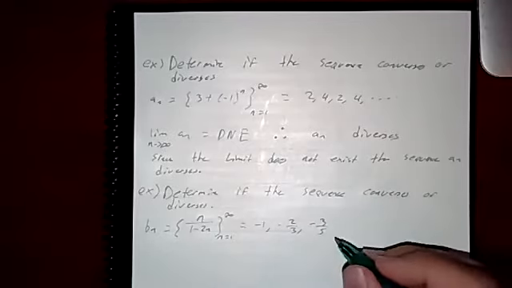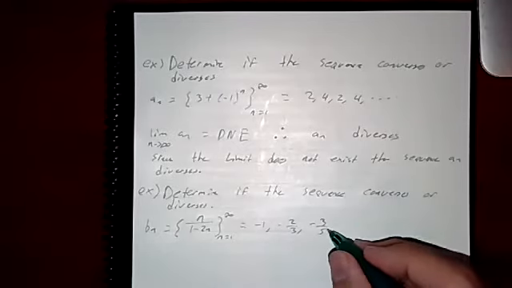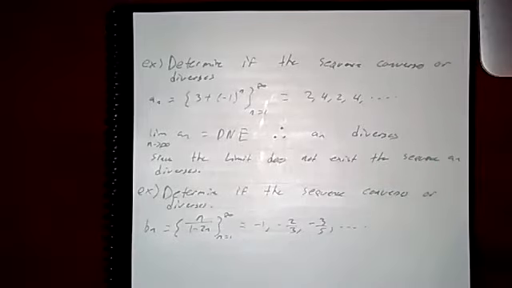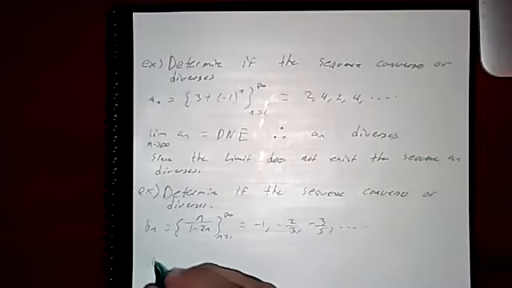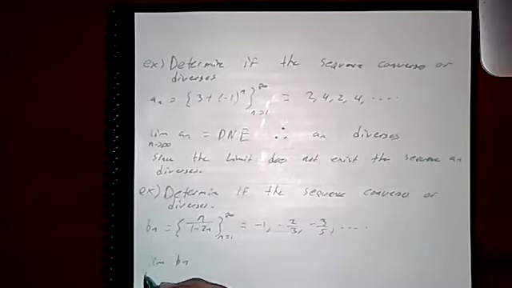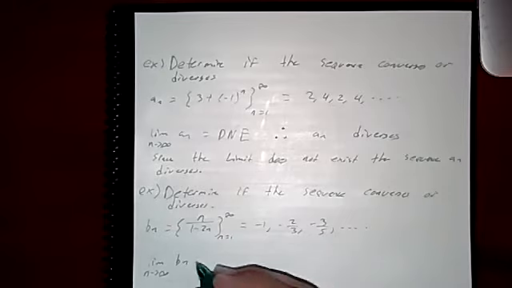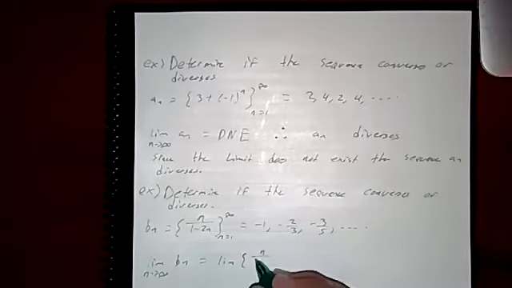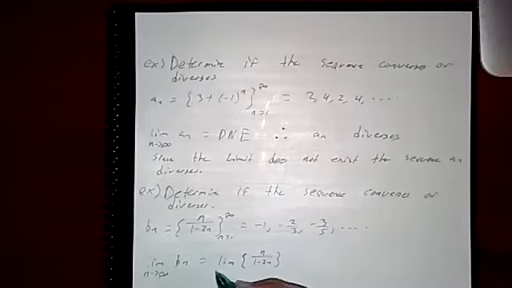There's a couple, like two pages ago. So the question is, does this converge? Maybe, right? The way you check is you take the limit of b sub n as n approaches infinity. So you take the limit of n over 1 minus 2n as n goes to infinity.